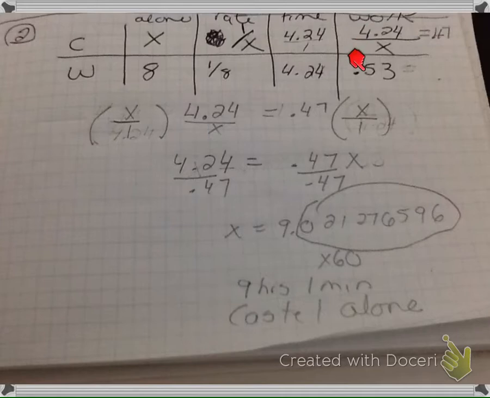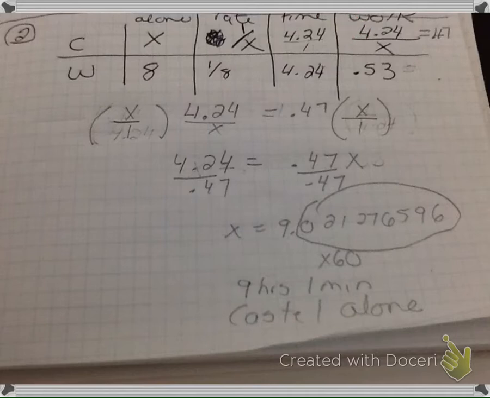So when they're working together, Willie does 53 hundredths of the job, while Castell does 4.27 over x. And remember, we got that by multiplying their rate alone times their combined time, and that's the part of the job they do combined.